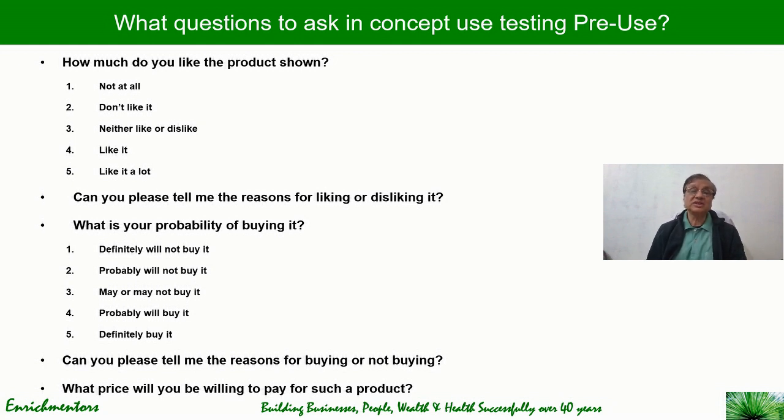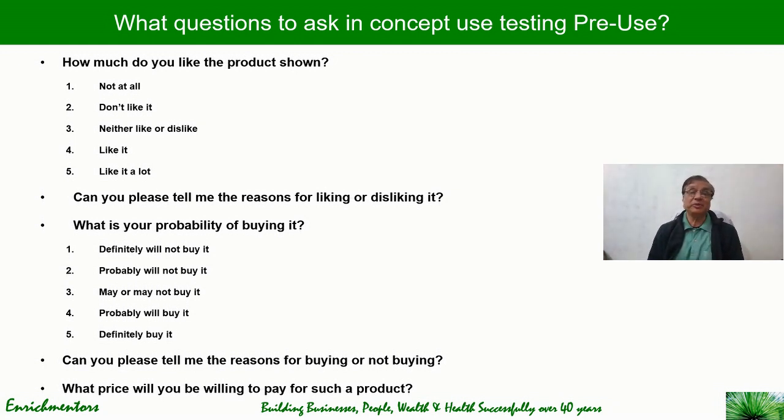And then you ask: can you please tell me the reasons for liking or disliking, so that you know what they like and don't like about your pack design and the way the product is displayed. Then the third question is: what is the probability of buying if this product is offered to you? That is the purchase intention.